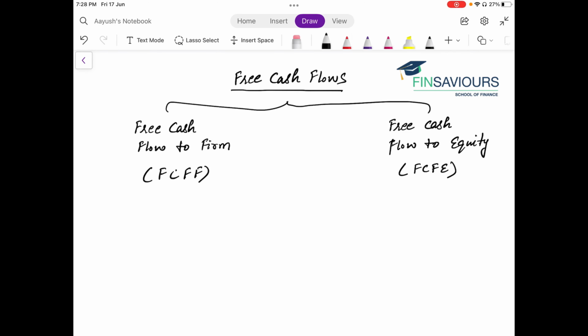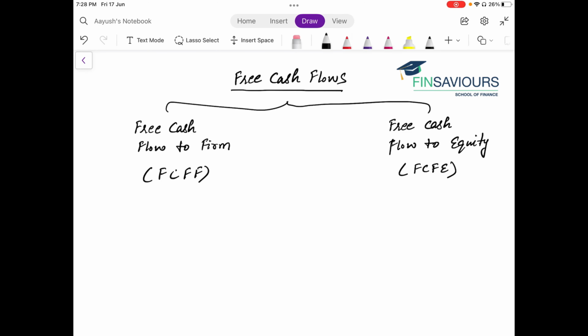Now, you know what is free cash flow, right? But what is free cash flow to the firm? That cash flow which is attributable to both debt as well as equity holders. Let's consider that there are only two types of stakeholders as of now in the company, debt holders and equity holders.